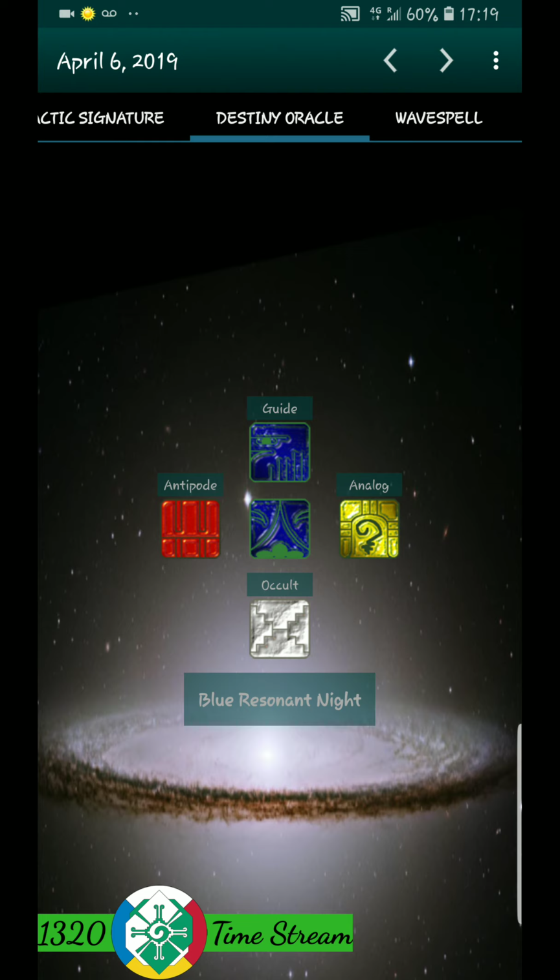And so this is also a good day to, if you're holding a ceremony, if you're going to a ceremony, this could represent that you'll be guided by channeling that visionary quality today. Could be a good day for a beautiful medicine journey.